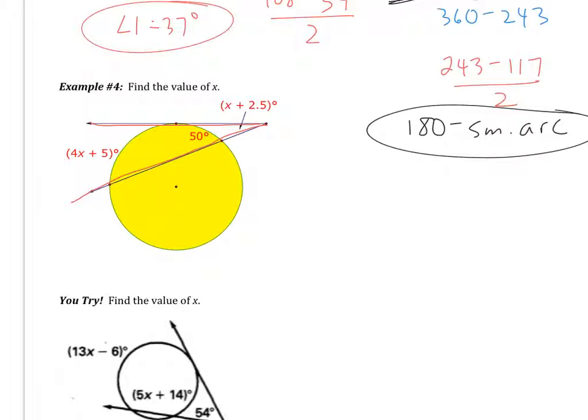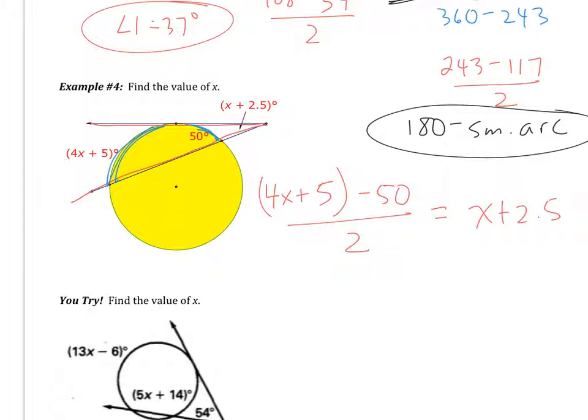So are you okay with doing 4x plus 5, that's the big arc, minus the small arc, 50, divided by 2, equals the angle x plus 2.5. Again, the big arc minus the little arc divided by 2 equals the angle. Would you be able to solve that?